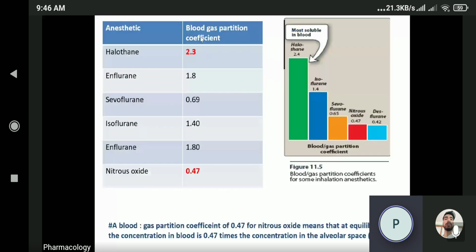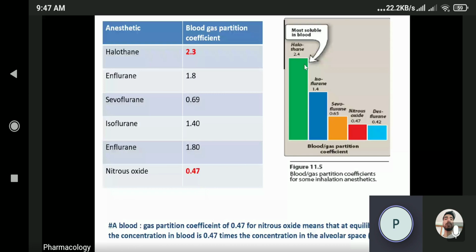So, for example, halothane has a blood gas partition coefficient of 2.3, or let's say around 2.4. And when compared with nitrous oxide, it has a blood gas partition coefficient of about 0.47. It is the concentration in your blood versus the gas mixture.